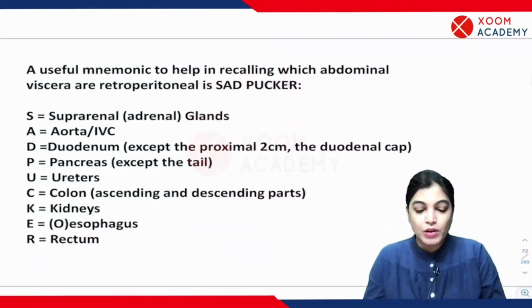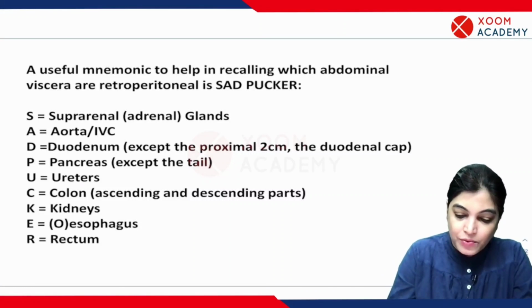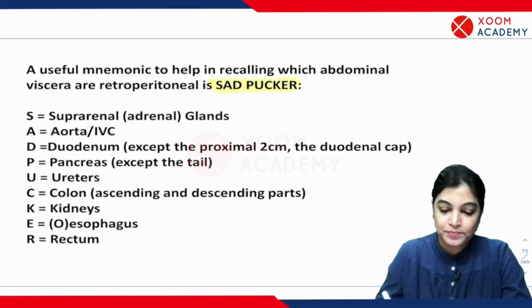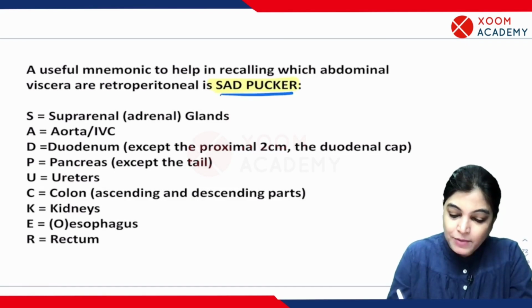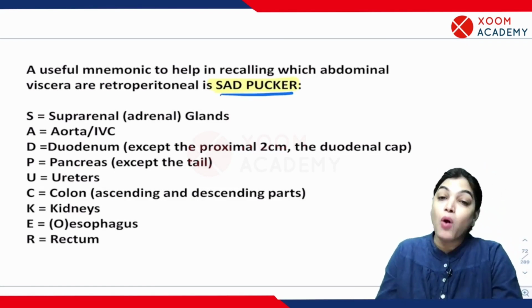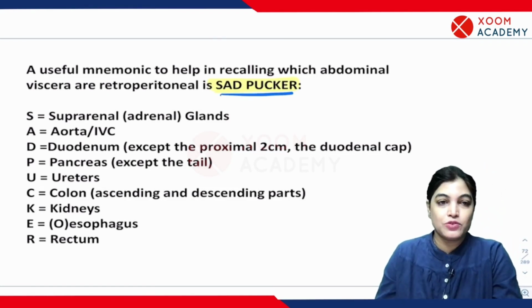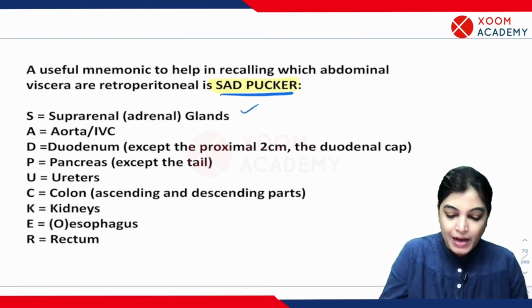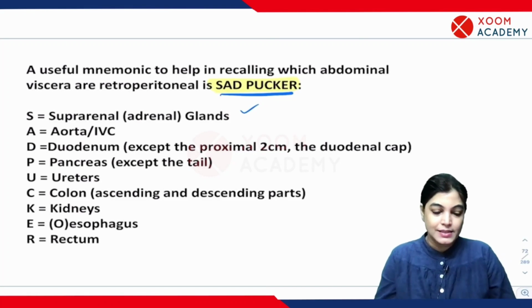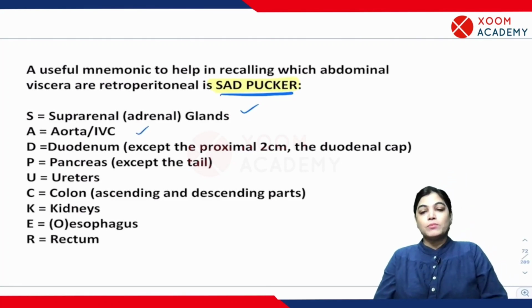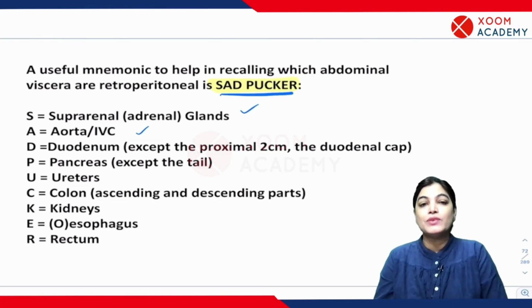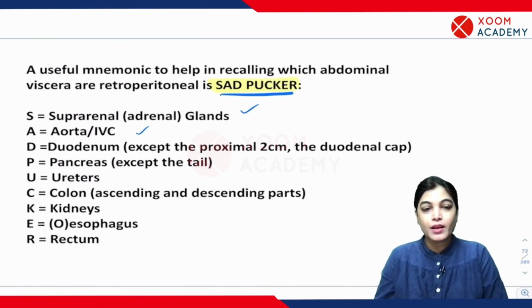So a very important mnemonic is there, and I would like everyone to know it. The mnemonic is SAD Pakkar, which tells you all the structures in our body which are retroperitoneal. Here S stands for suprarenal or adrenal glands. A means abdominal aorta, the great vessels of our body: the abdominal aorta and the IVC, inferior vena cava.